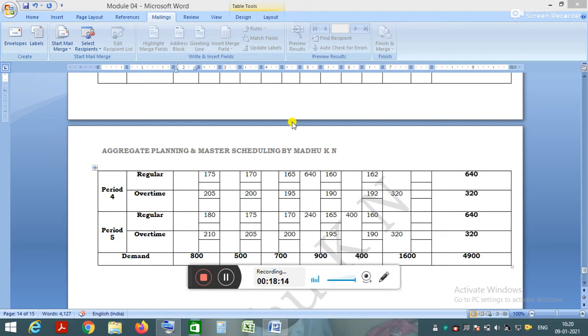We can produce the remaining 260 products using overtime, but the cost is 190.